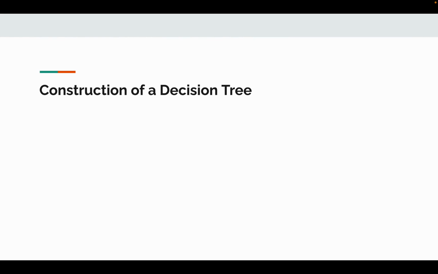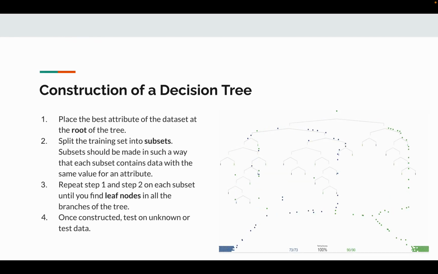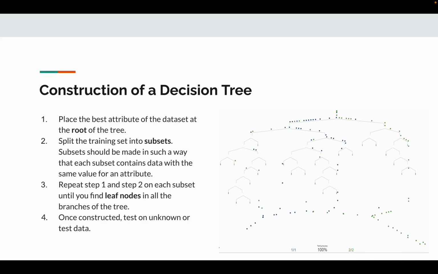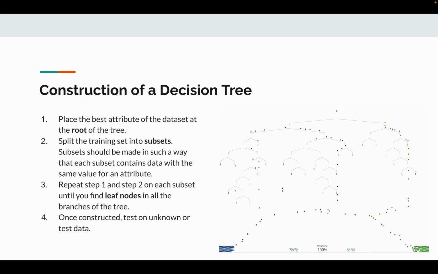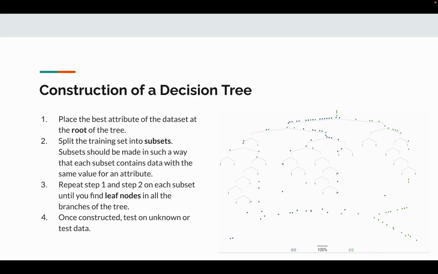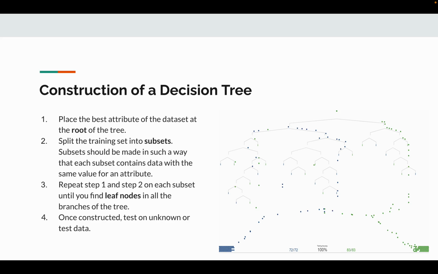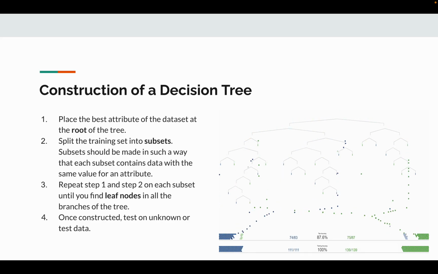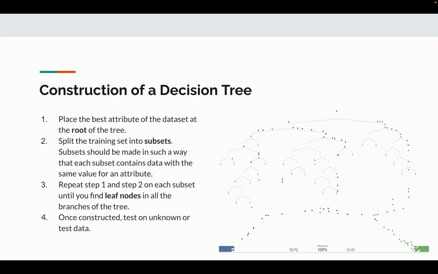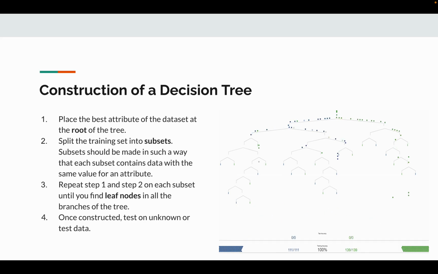So how to construct the decision tree? When we have a data set, we pick the best attribute out of it to be the root of the decision tree. Then, based on the attribute selected, we divide the data into subsets. And out of the remaining attributes, again, we split. We repeat steps one and two till we have all the leaf nodes for our decision tree.